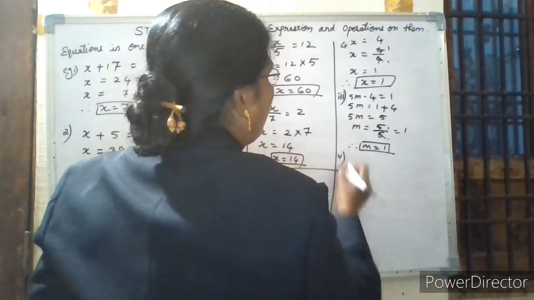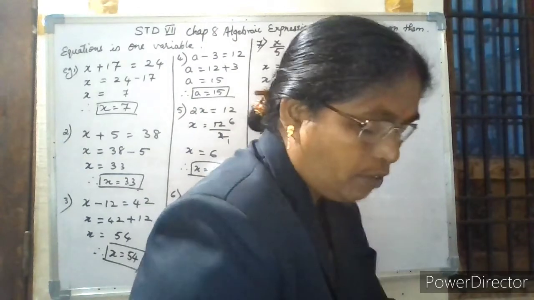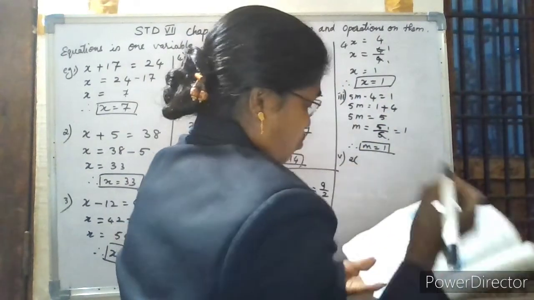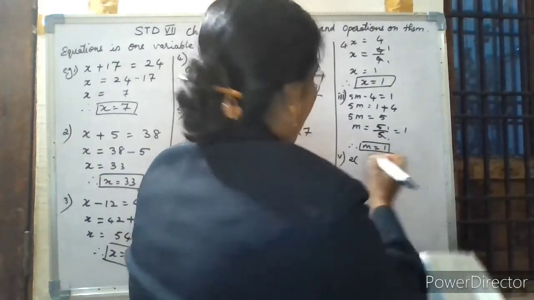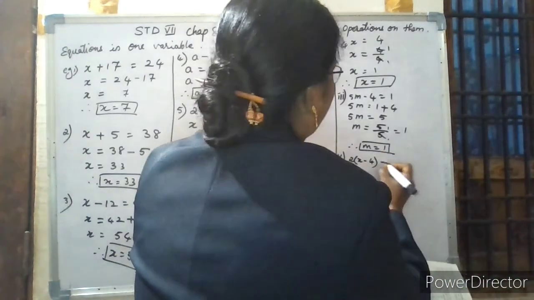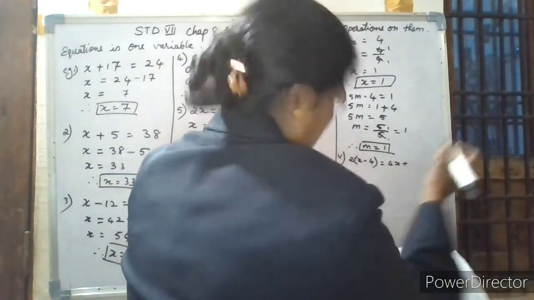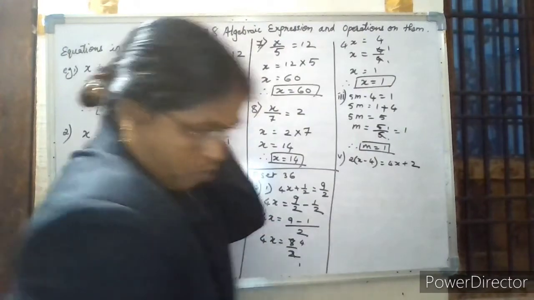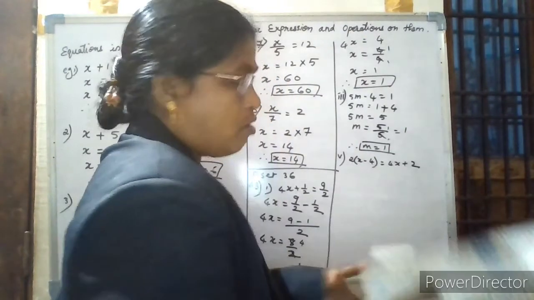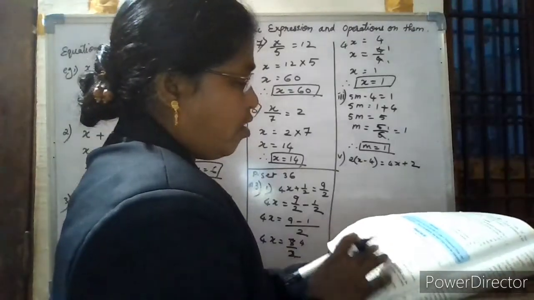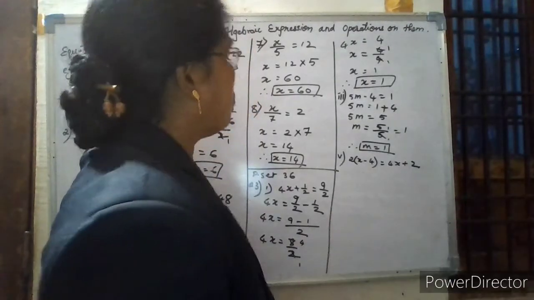Now we go to the fifth question, which is given as 2 into bracket x minus 4 is equal to 4x plus 2. If you solve this question, you can solve the fourth question and all other questions also.